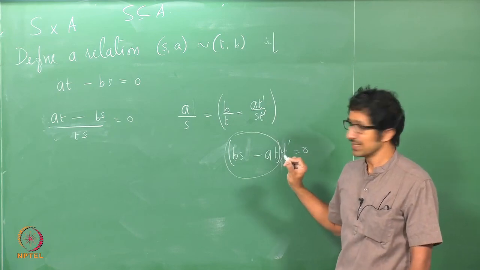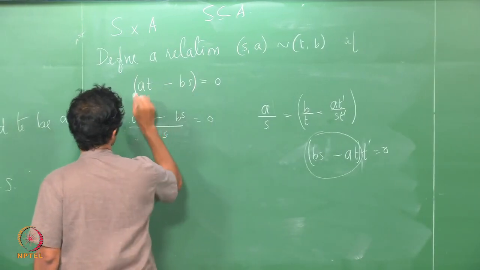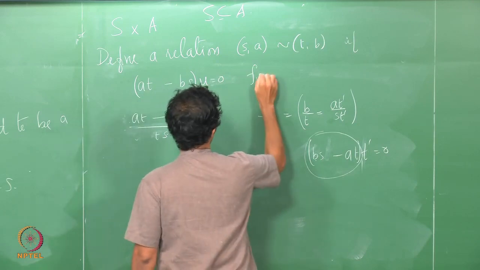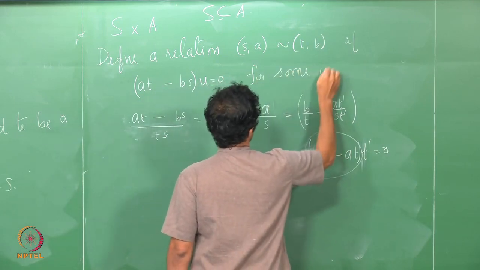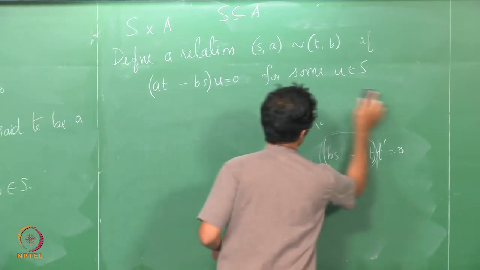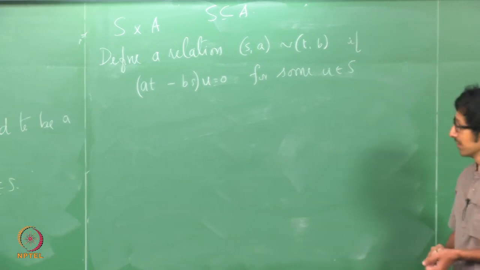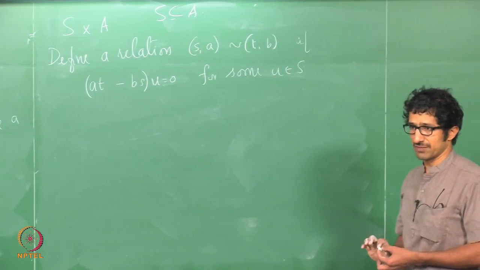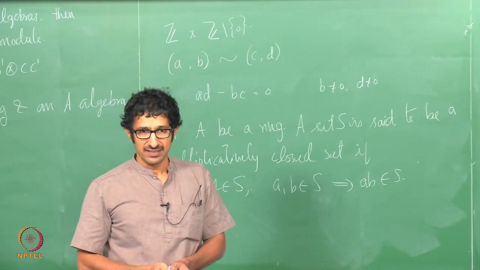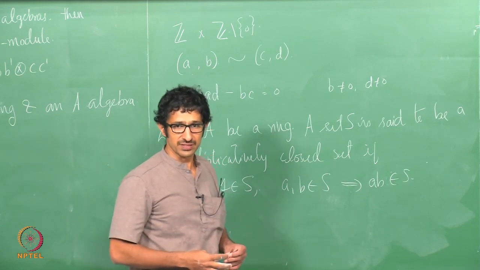What we want is, if I can find some U such that this holds for some U in S. Okay. We are not saying that right now, that will be a corollary. If I have 0 in that, we will see what happens to this process.